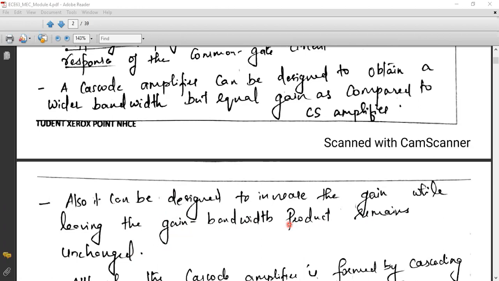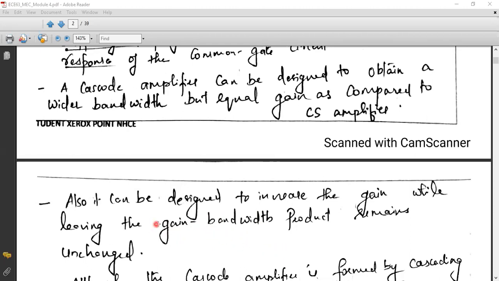That means if you want to compromise in gain and increase the bandwidth, that is also fine. For example, if I increase my bandwidth by 3 times, then the gain will be reduced by 3 times. So the product will remain constant.